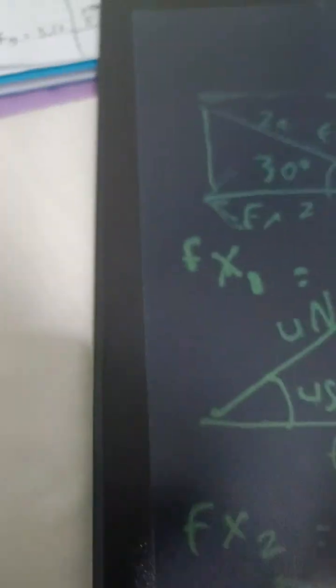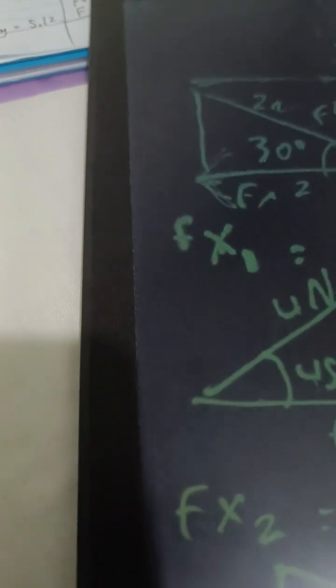Now, how do we find the height? That's quite difficult, is that? Not quite. We use it like this. f1y, for example, right? f1y is over here.